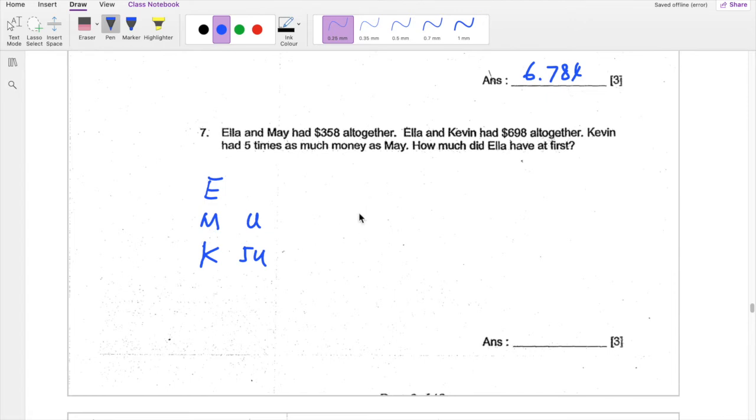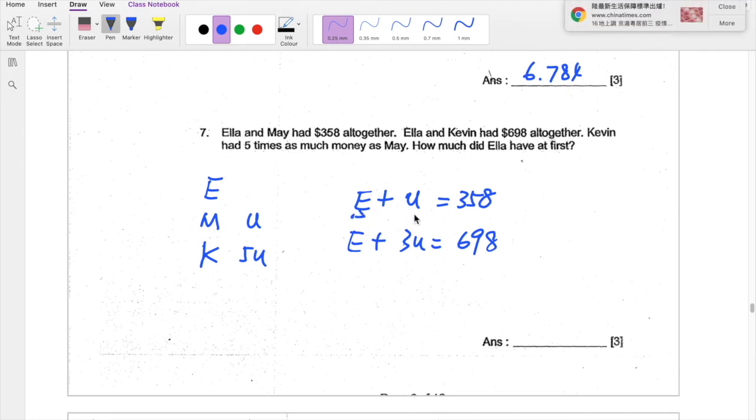So we have Ayla plus 1u equals 358, and Ayla plus 5u equals 698. Based on these, we can calculate Ayla and Mary.